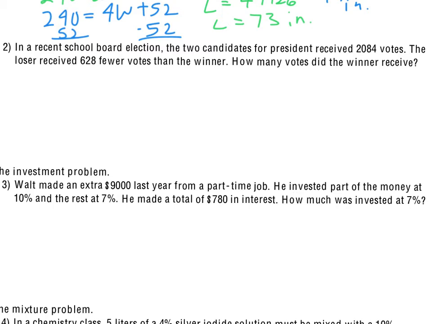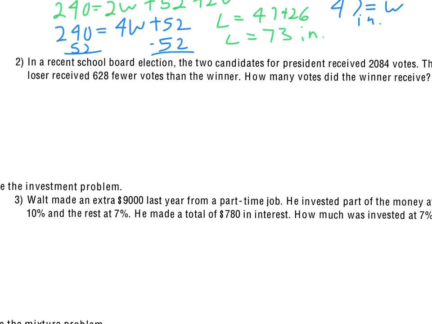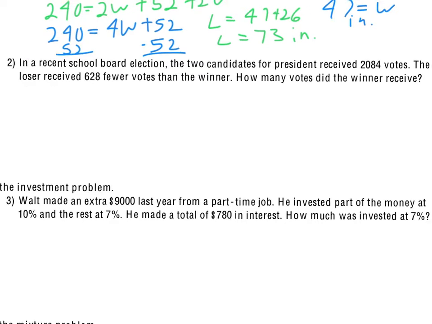Alright, for number 2, we've got two candidates. They got 2,084 votes. The loser received 628 fewer votes than the winner. So we know the winner plus the loser votes will equal 2,084, and the loser received 628 fewer votes than the winner, so the loser equals the winner minus 628.